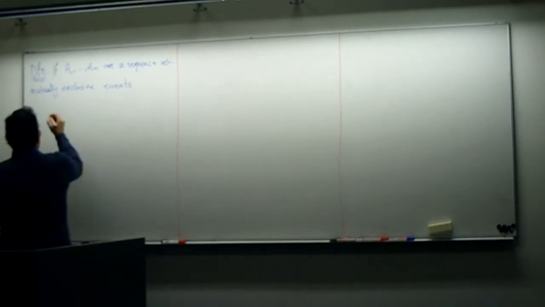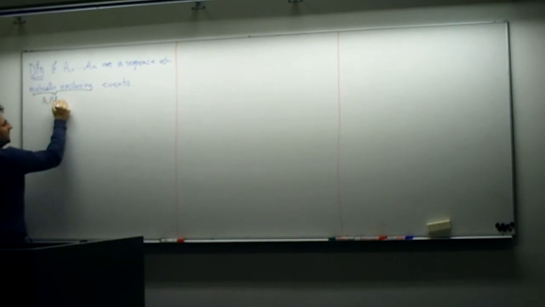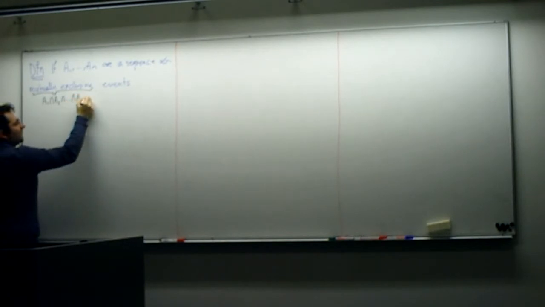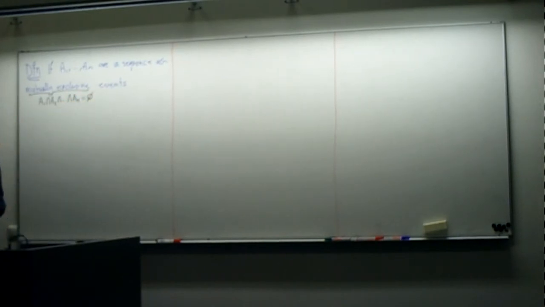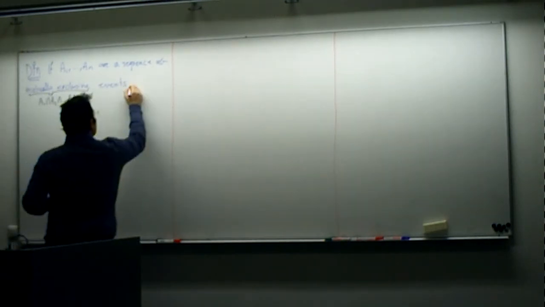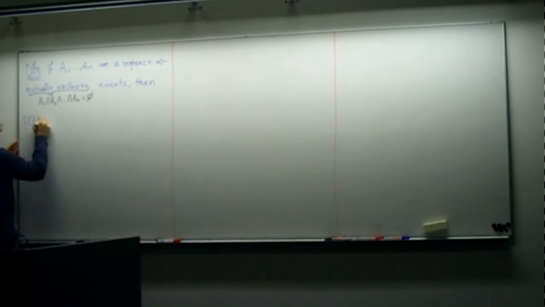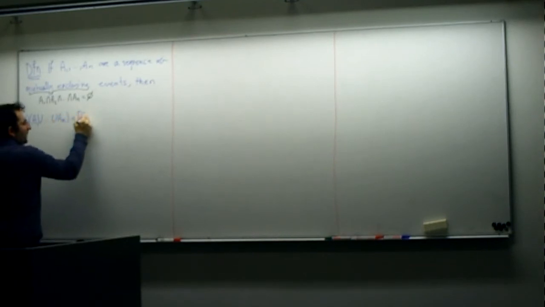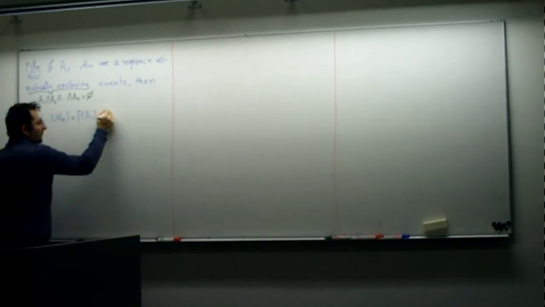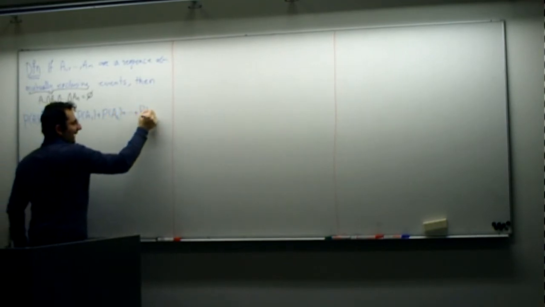Mutually exclusive means that A1 intersected by A2 intersected by AN is equal to empty. Then the probability of A1 union AN is equal to the probability of A1 plus the probability of A2 plus the probability of AN.